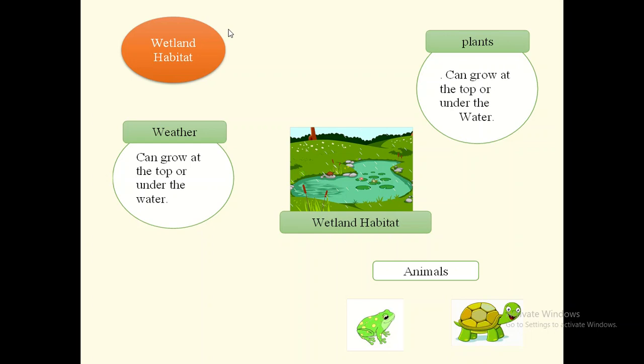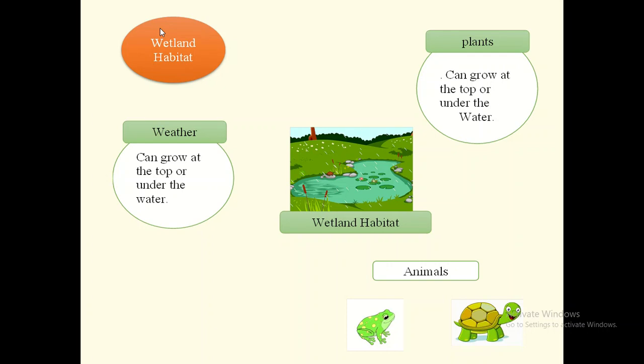Animals that can live in the wetland habitat are such as frogs and turtles.